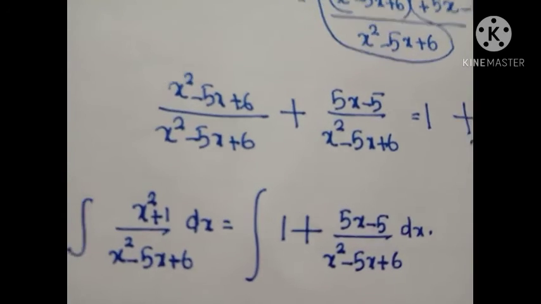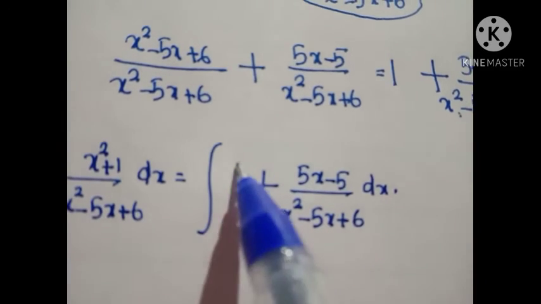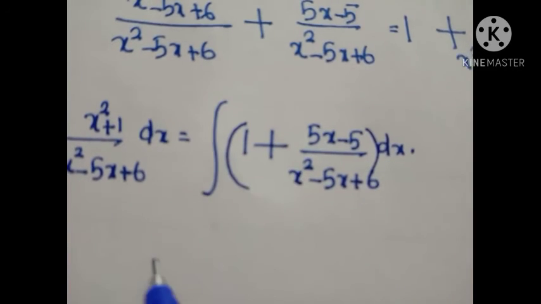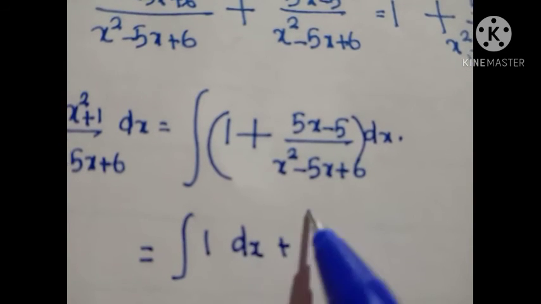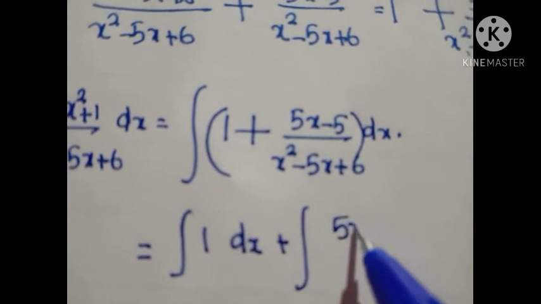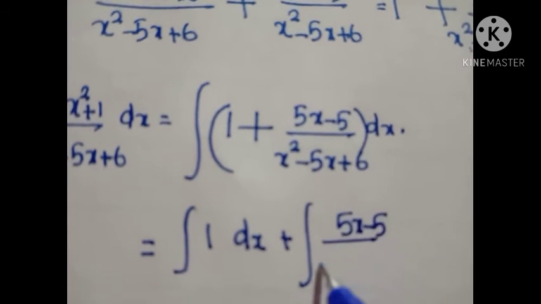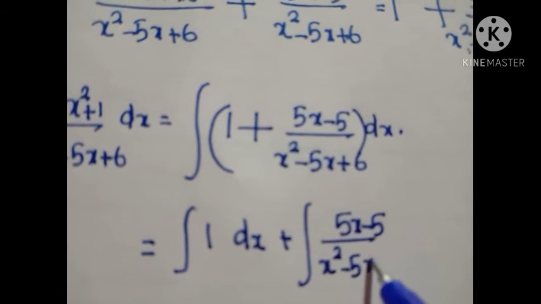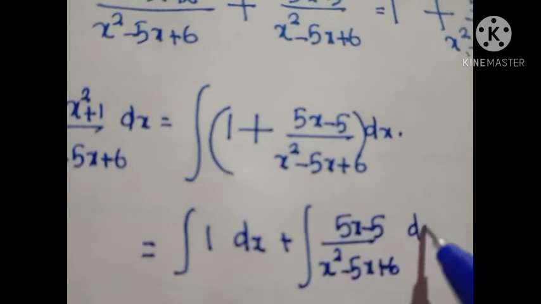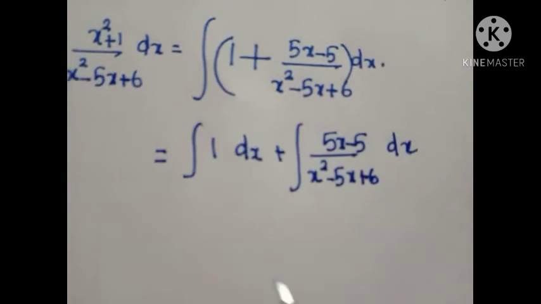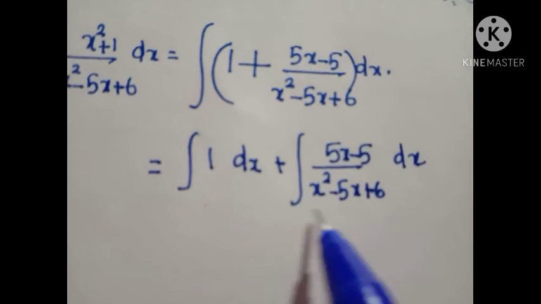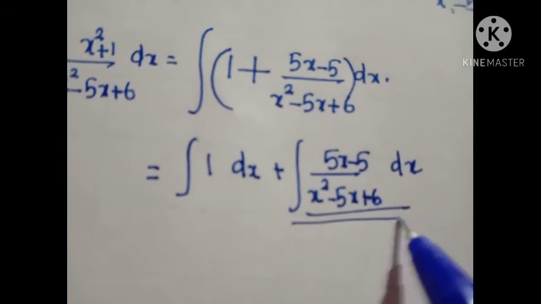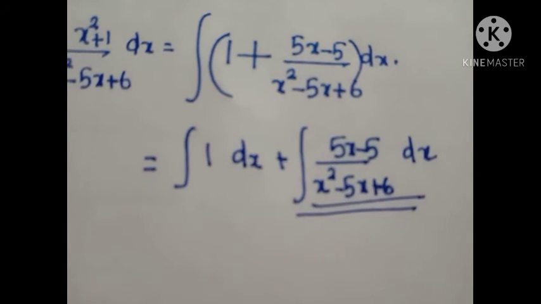Now we have to integrate this integrand. So we can separate: ∫1 dx + ∫(5x − 5)/(x² − 5x + 6) dx. Now listen, the integral of 1 is x. Now this one is (5x − 5)/(x² − 5x + 6).